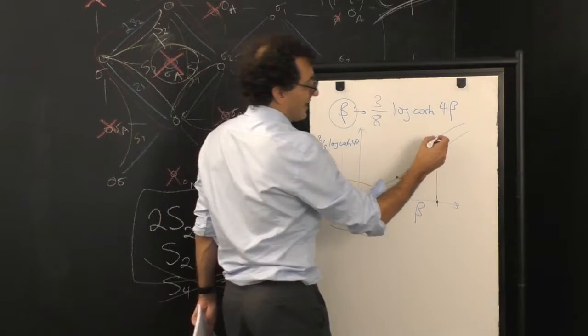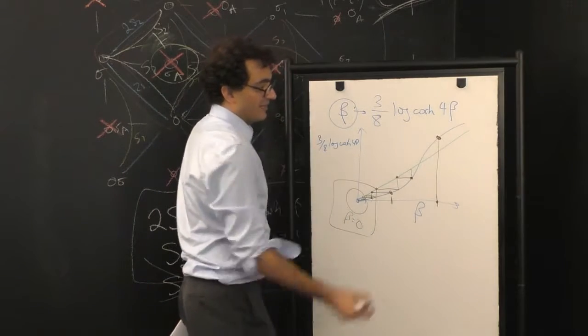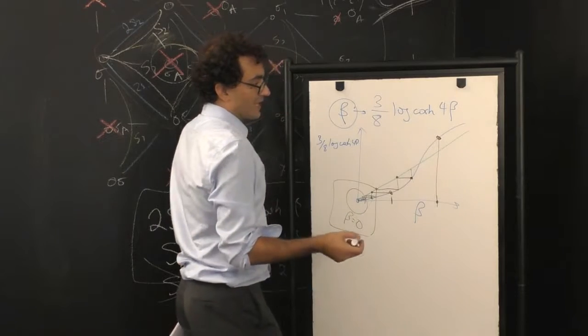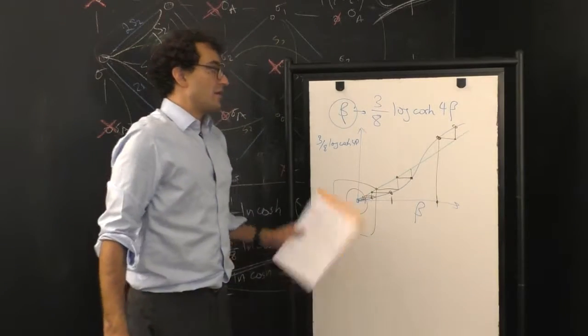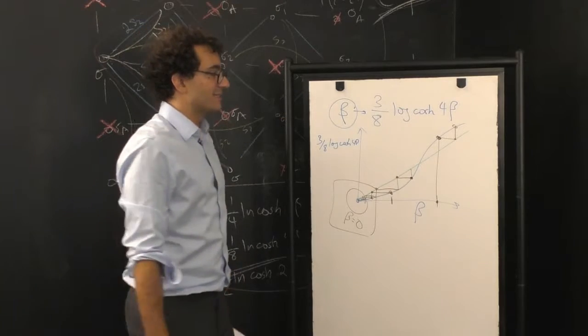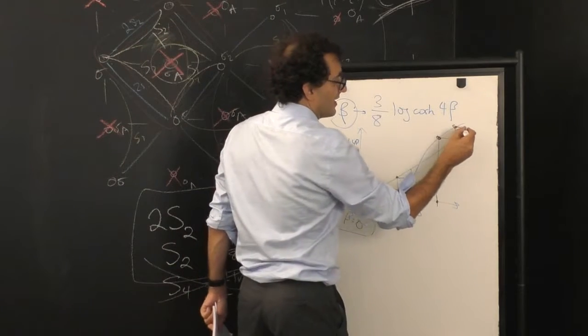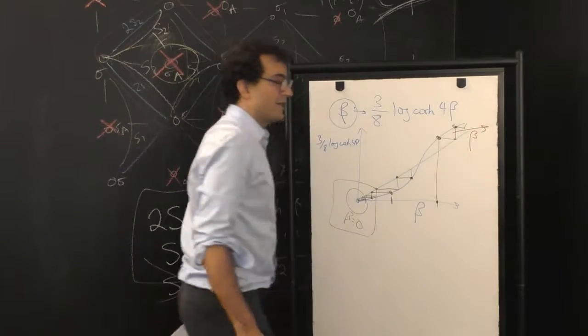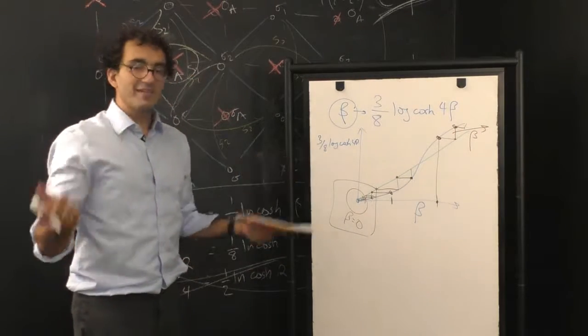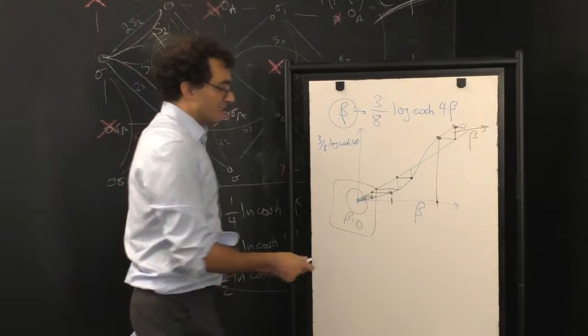What we find is, in fact, that it's larger than the original beta. We're above the green line. And when we do that again, when we do the transformation a second time, it gets even larger, and it gets even larger. And in fact, in this case, beta gets larger and larger every time you do the transformation.